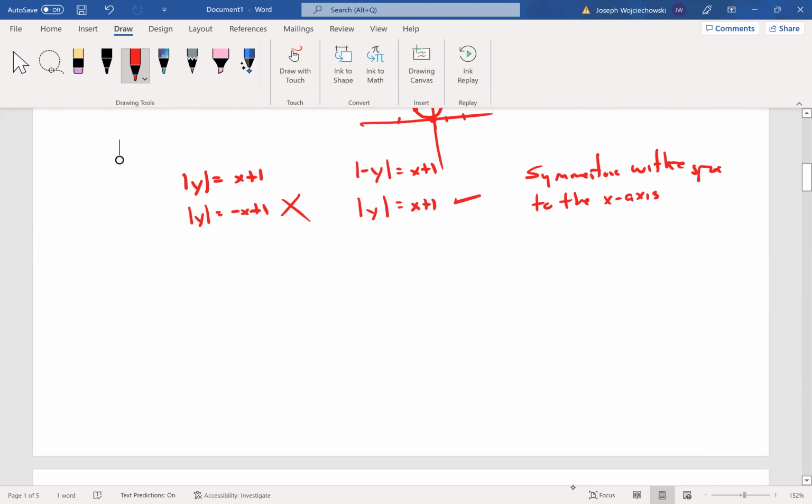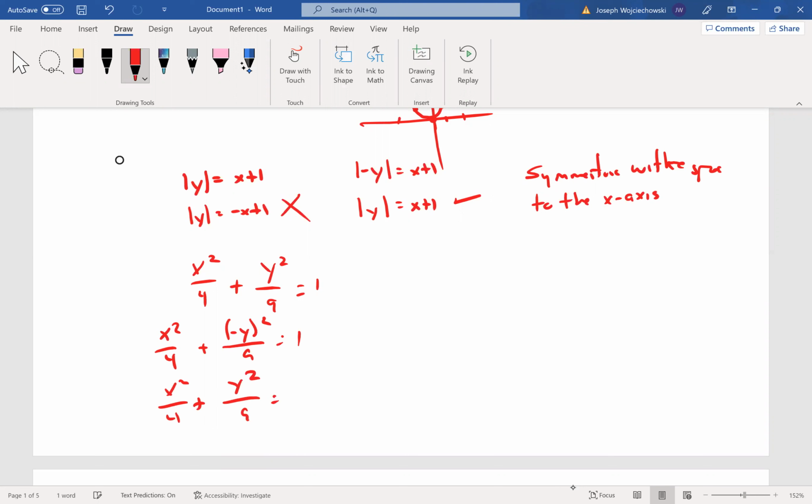And one more. You have x squared divided by 4 plus y squared divided by 9 equals 1. So let's replace y with negative y, and I get x squared over 4 plus negative y squared over 9 equals 1. And of course, negative y squared is the same as y squared.